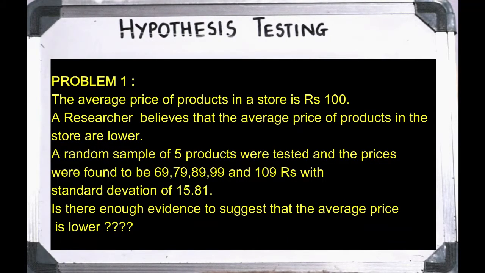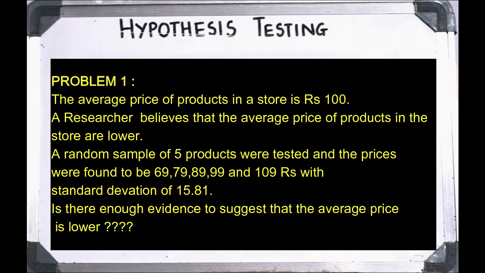The prices of those 5 products were found to be 69, 79, 89, 99 and 109, with a standard deviation of 15.81. Now, is there enough evidence to suggest that the average price of the products is lower than 100?